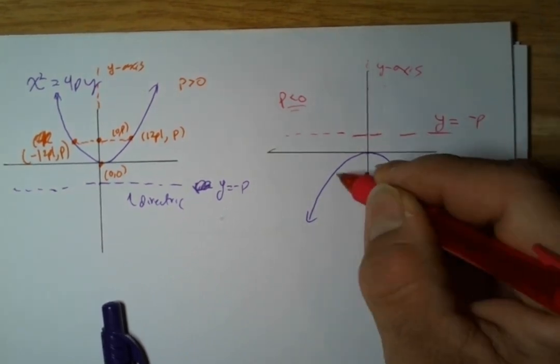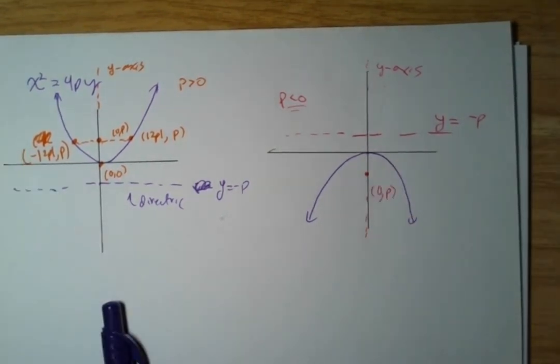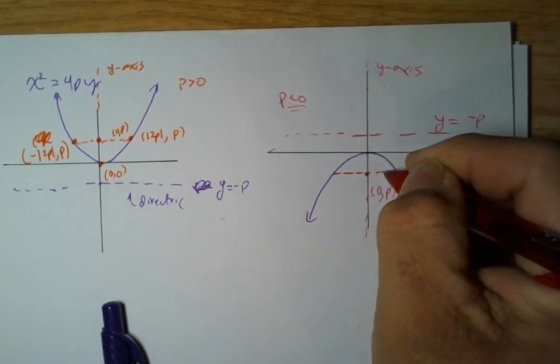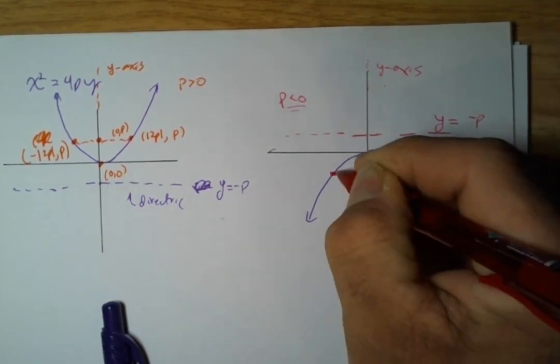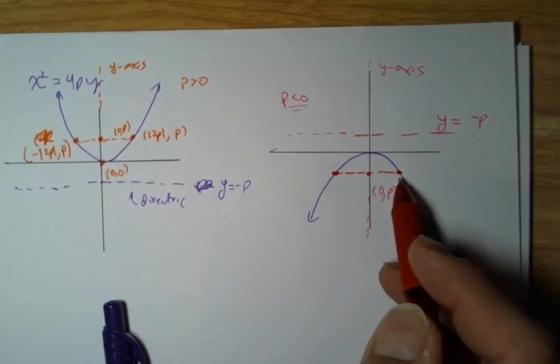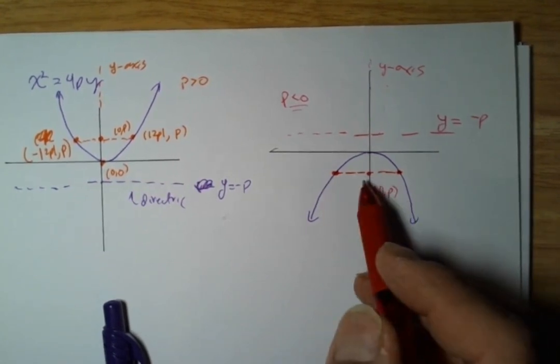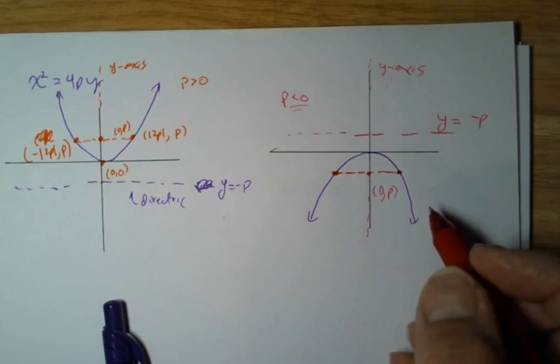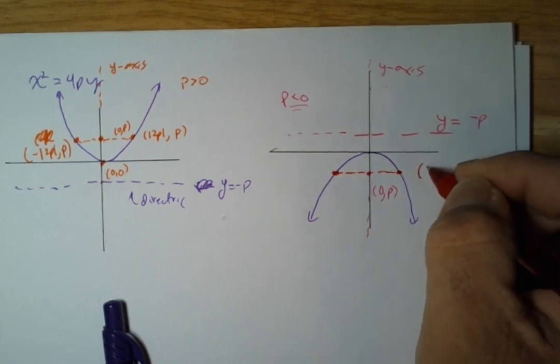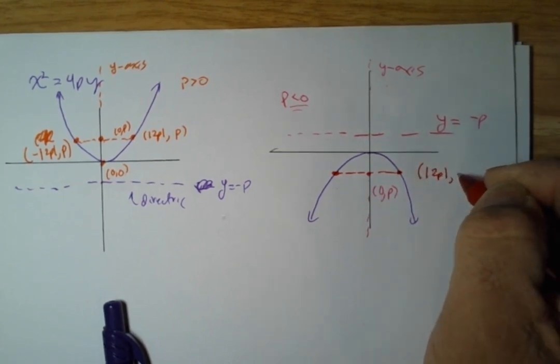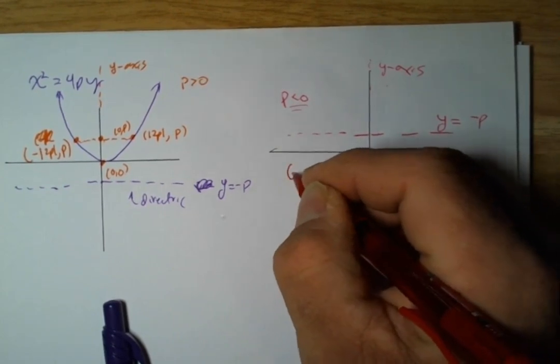And then our latus rectum here would be the horizontal line segment going through the focus with its endpoints on the parabola, and those coordinates would be the same, depending on what p is.